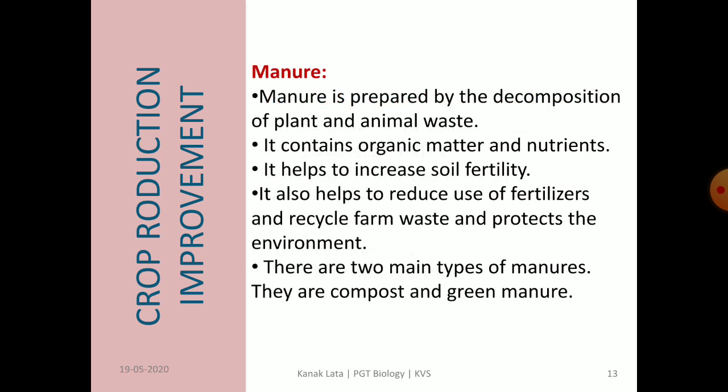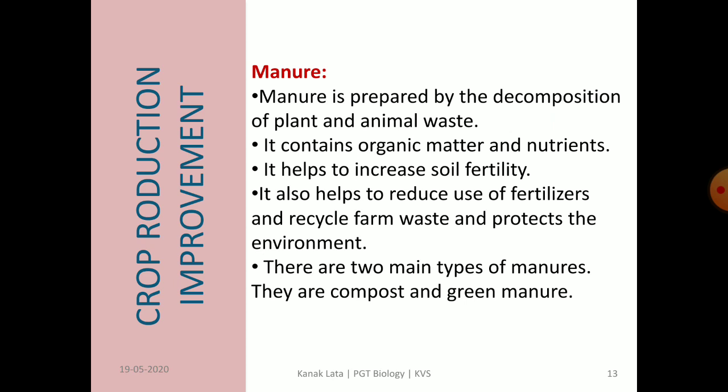Now it is about manure. Manure can be easily prepared by decomposition of plant and animal waste and contains organic matter as well as nutrients. It helps in increasing the fertility of soil and also helps to reduce the use of fertilizers.